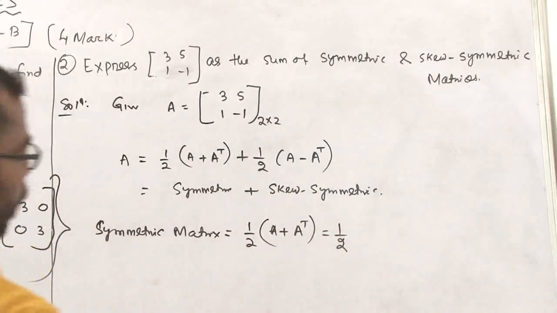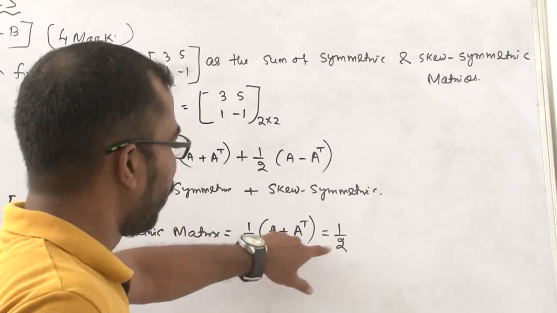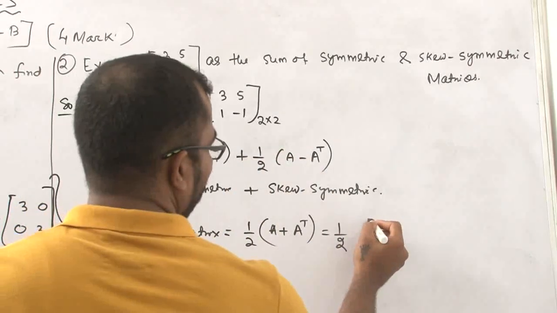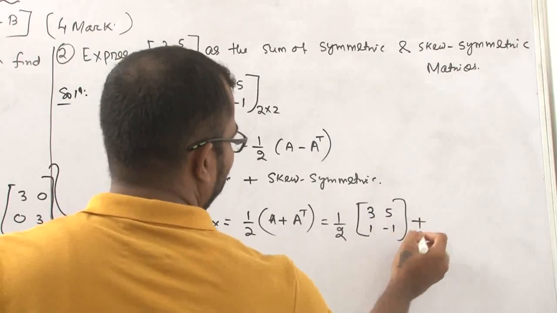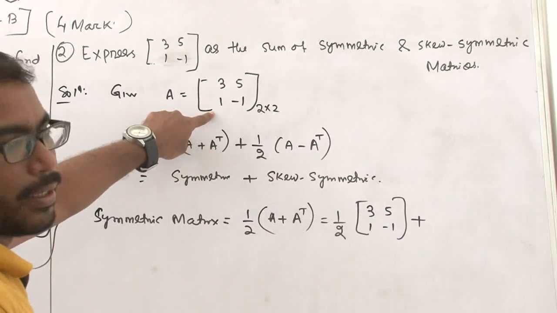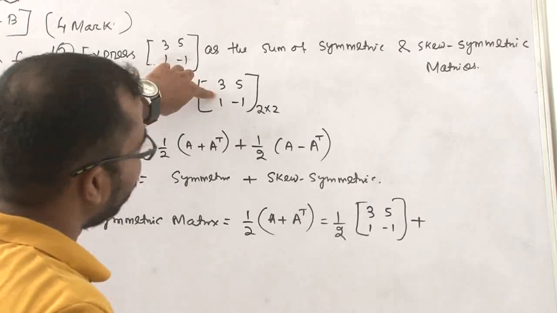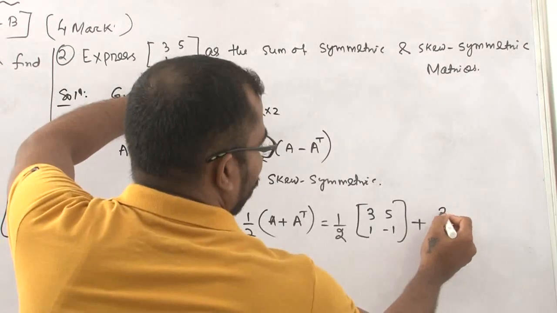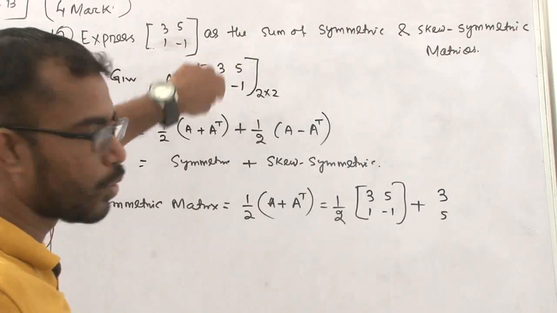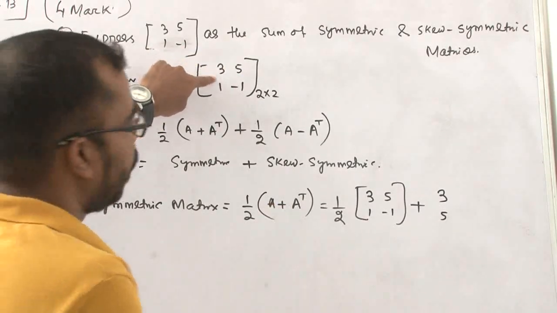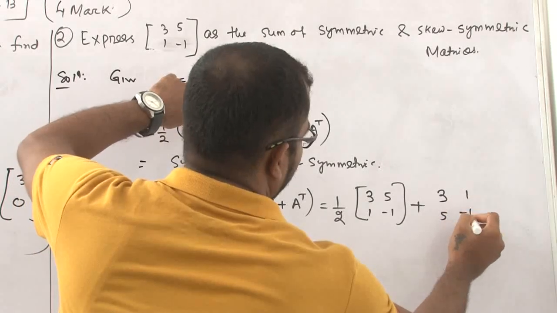So if we put the value of A, it is half of [3, 5; 1, minus 1] plus transpose of A. If we calculate the transpose of A, then we get [3, 1; 5, minus 1]. As you know, transpose of A means changing rows into columns. So the first row changes to first column and the second row changes to second column.